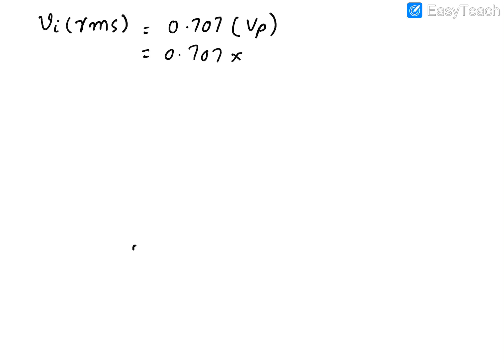0.707 into 0.008. This is equal to 5.66 into 10 raised to the power minus 3 V RMS.